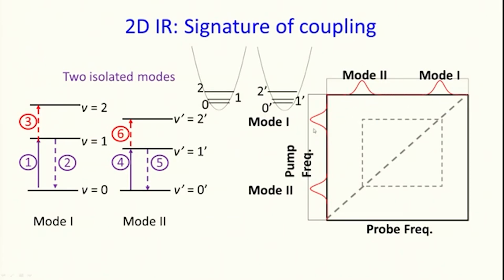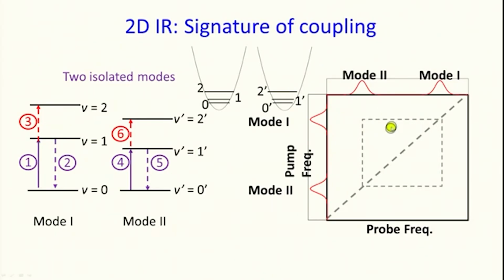Now when we pump mode 1, which means we pump here, then what do we expect to get? We expect to get a negative signal for 2 which will occur in this region, and we expect to get a positive one for 3 which will occur also in this region.